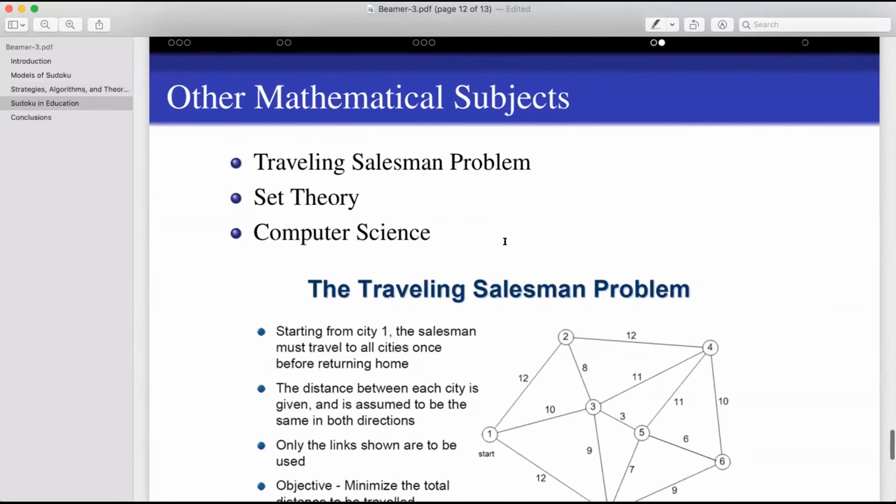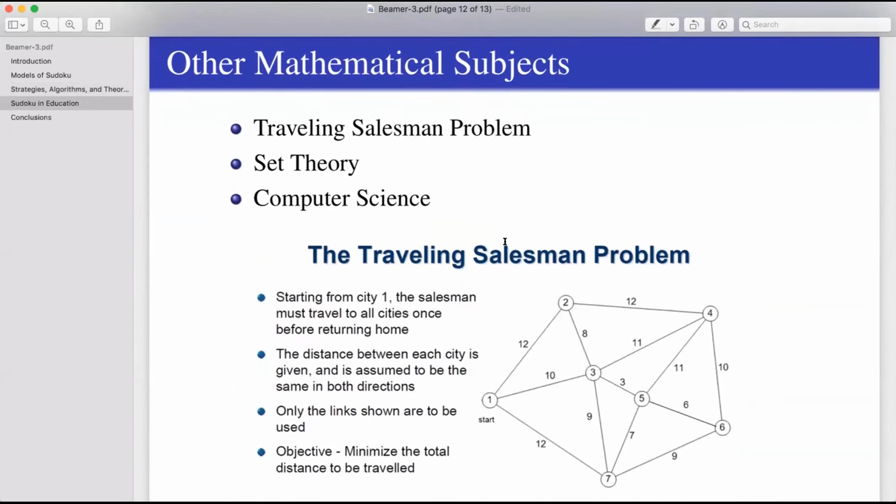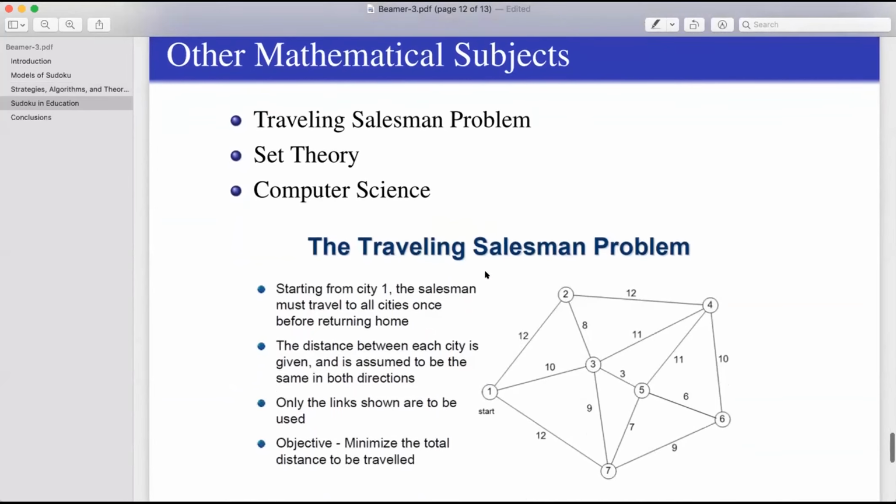Some other mathematical subjects that it relates to: it relates to the traveling salesman problem, which is another optimization problem. It's trying to get to each city with the least amount of travel, and we want to solve the Sudoku puzzle with the least amount of decisions or time.